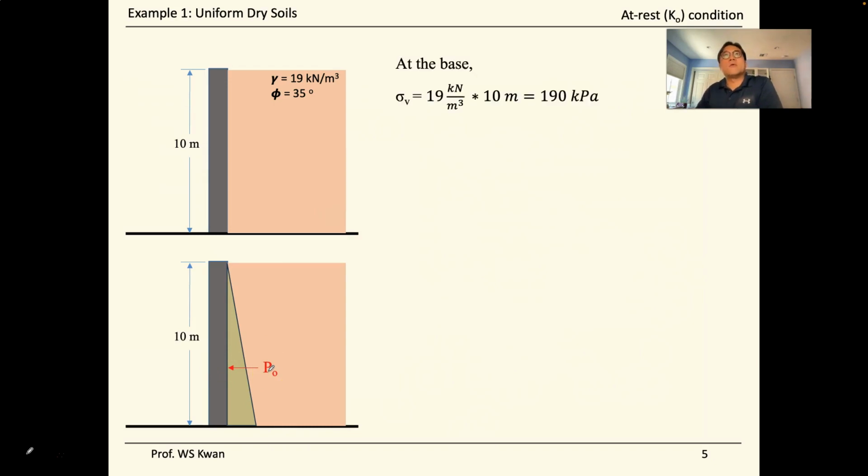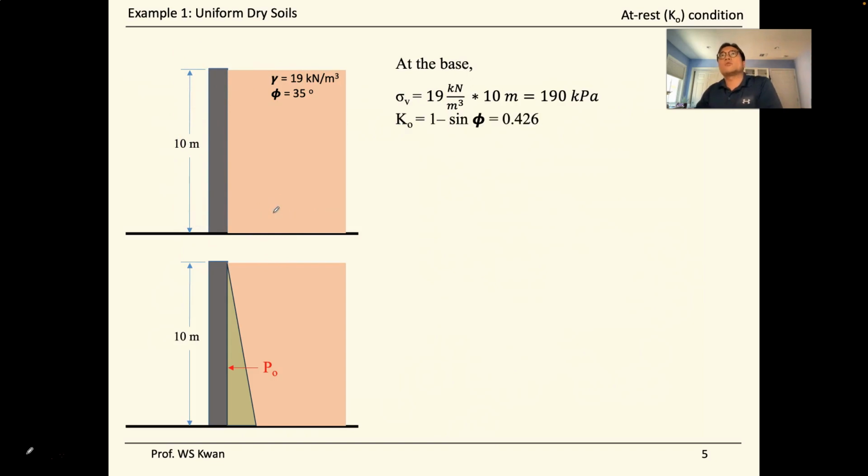So first, we calculate the vertical stress at the base of this system right here. So it is the vertical stress equals the unit weight of the soil, which is 19, times the height or the elevation that we're looking at. The base, that will be the bottom, 10 meters.